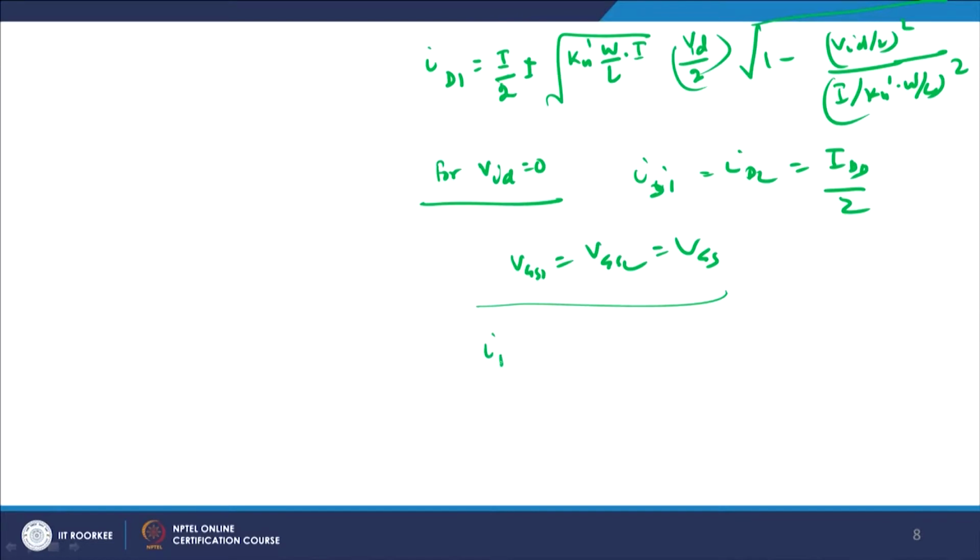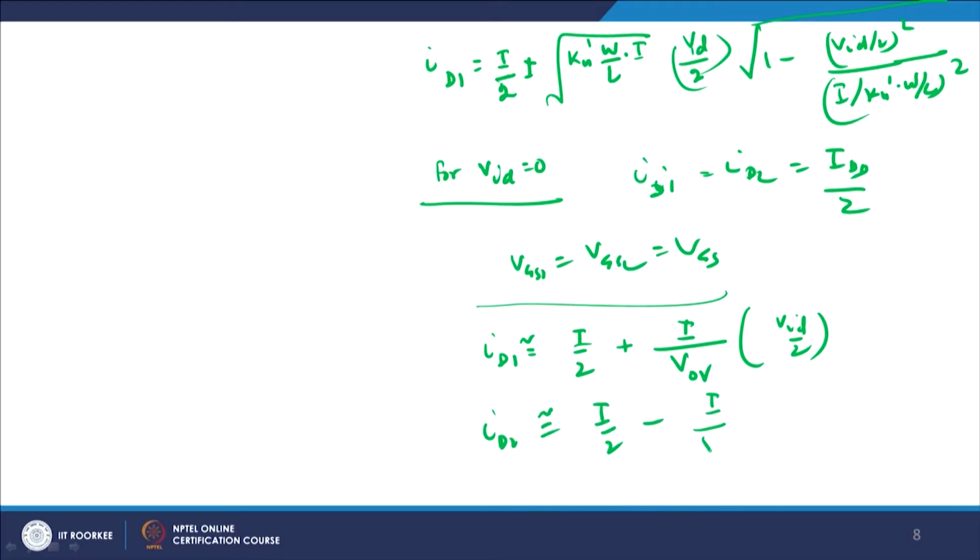So what I get from all this discussion is finally ID1 approximately equal to I by 2 plus I by V overdrive into VID by 2, and ID2 approximately equal to I by 2 minus I by V overdrive into VID by 2, which means that the currents are separated from each other by 180 degree phase shift.